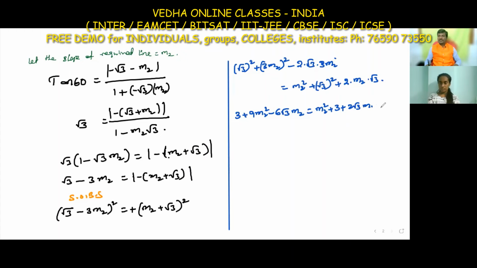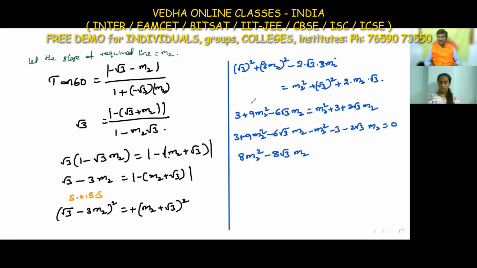Take all the terms to one side. 3 plus 9m2 square minus 6 root 3 m2 minus m2 square minus 3 minus 2 root 3 m2 is equal to 0. 9m2 square minus m2 square is 8m2 square, minus 6 root 3 m2 minus 2 root 3 m2 is minus 8 root 3 m2.